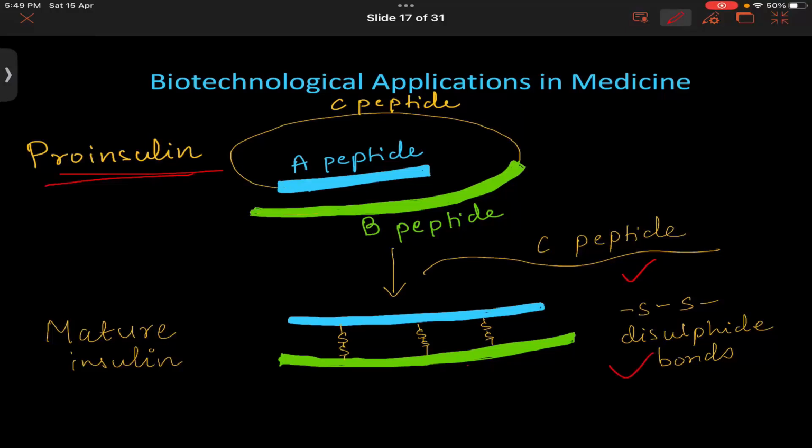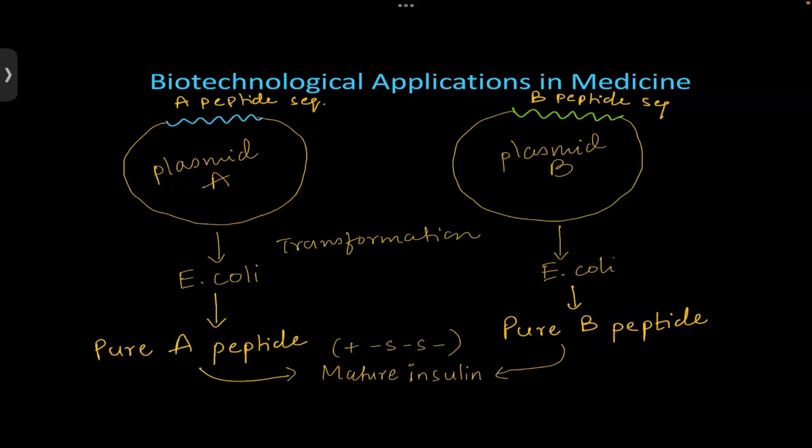Here you can see the disulfide bond. This is the structure of mature insulin, or the insulin hormone, which is in active state and is now going to do its job of regulating the blood glucose level in the blood. This is how the structure of proinsulin and mature insulin differ from each other.